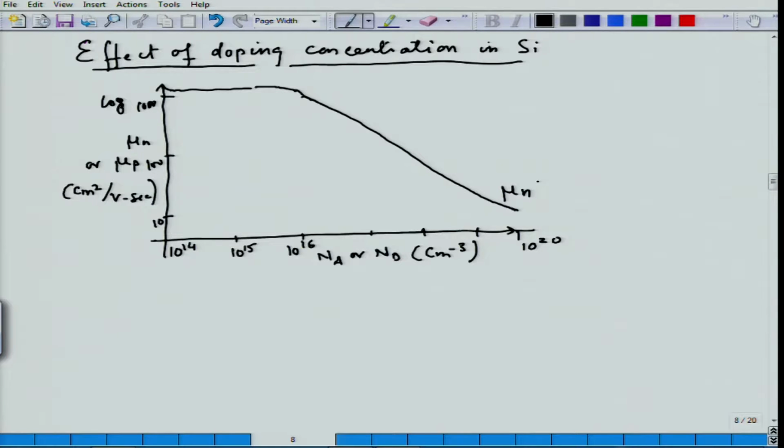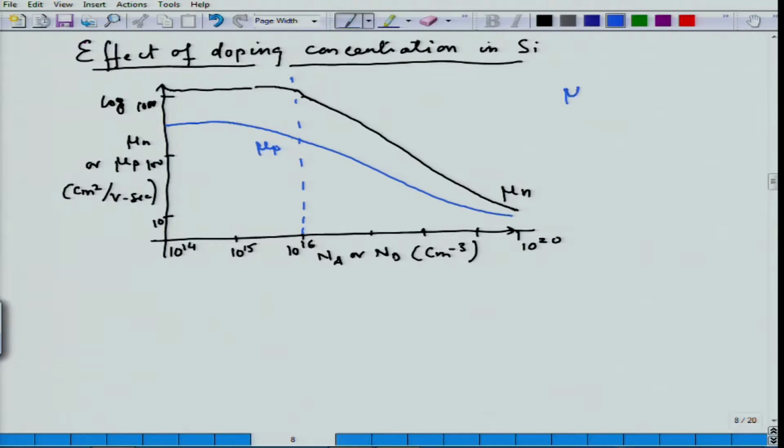If I look at hole mobility, it starts somewhere here and then again it follows similar behavior. So, up to about 10 to the power 16, I can probably use with some assumptions one mobility number for the devices, but if the doping concentration increases to the range of 17, 18, 19 or onwards, I must use the function which describes the mobility as a function of doping concentration, because it does change by order of magnitude, and the effect is because of that inverse.